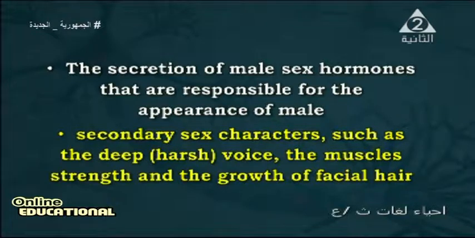The structure of the male genital system consists of, number one, two testes, which are outside of the body and kept in a scrotal sac. This scrotal sac keeps them at a temperature lower than body temperature to continue the production of sperm.